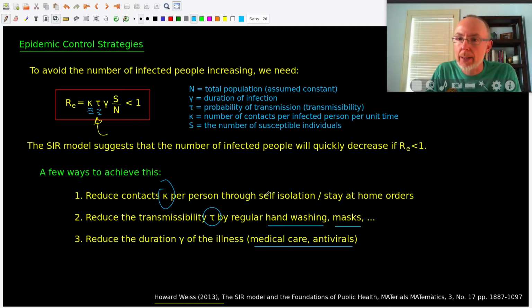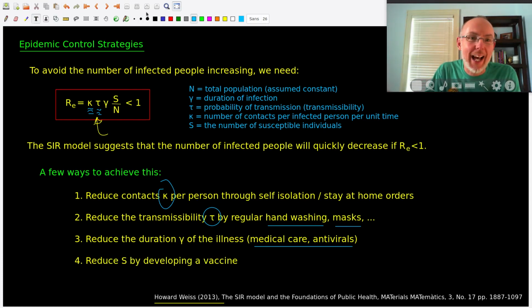It seems like medical care is not helpful at this point. There's nothing that can really be done apart from the first two, which are isolation and reducing the probability it'll be transmitted through hand washing and masks. But for a general epidemic, that's another way of reducing the effective number of reproduced cases per person.